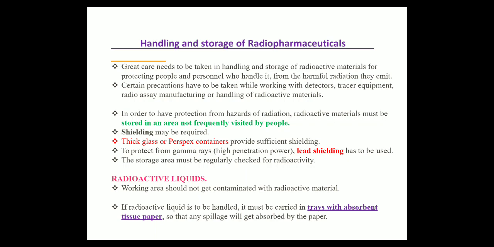Next, radioactive liquids. The working area should not get contaminated with radioactive material. If radioactive liquids are to be handled, they must be carried in trays with absorbent tissue paper so as to absorb traces of radioactive material, so that any spillage will get absorbed by the paper to avoid hazardous effects.